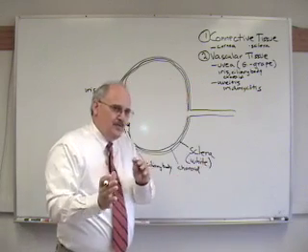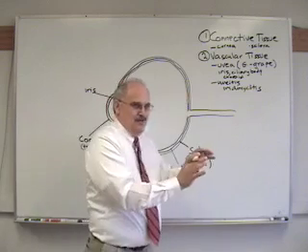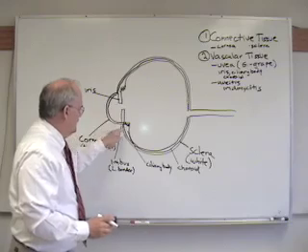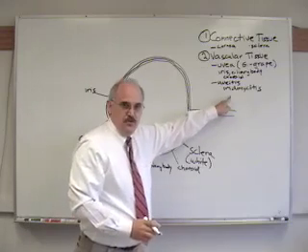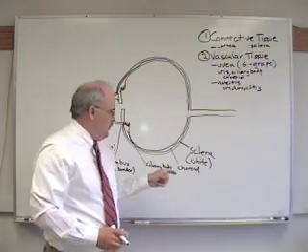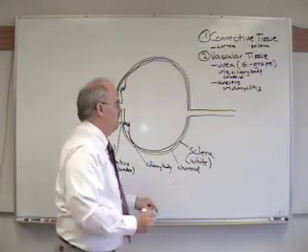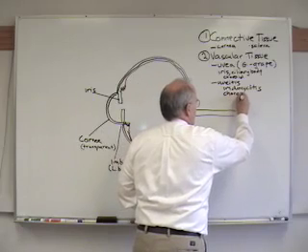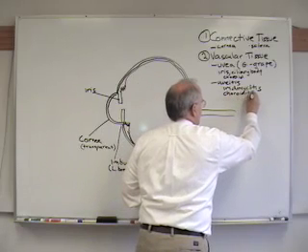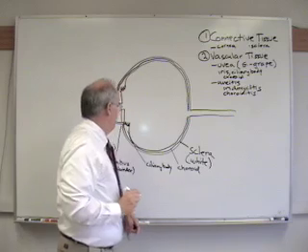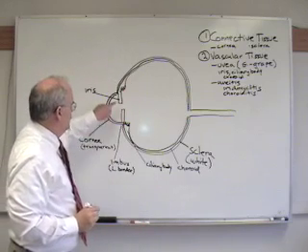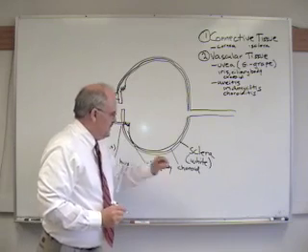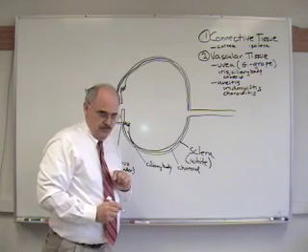So when there's inflammation in the anterior uvea, the iris and the ciliary body, we call that iridocyclitis. And when there's inflammation in the posterior uvea, that's called choroiditis. Okay? Got it? Iris and ciliary body are the anterior uvea, and the choroid is the posterior uvea.